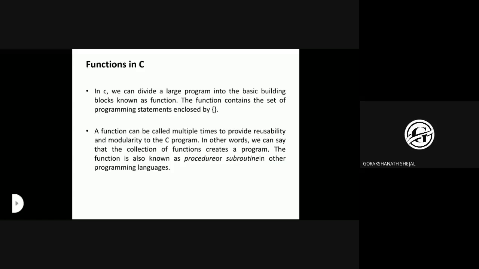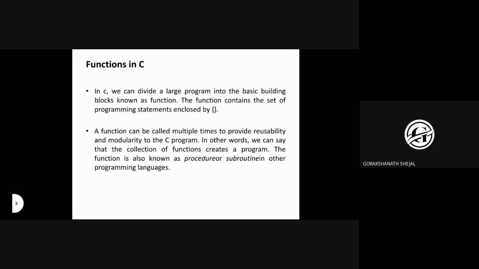No. As the door is closed, I cannot enter into the college. It means that there must be one entry point, and that entry point must be open. Then only it is possible to enter into the college.